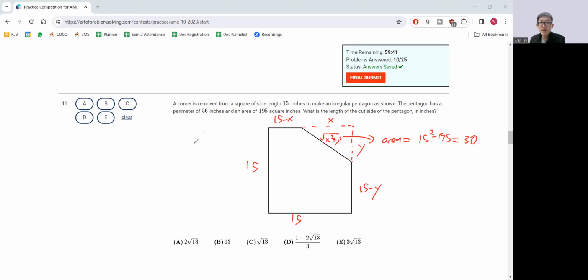What we have apparently gotten is that this totals up to 56. So x plus y minus root x squared plus y squared is apparently equal to 4.